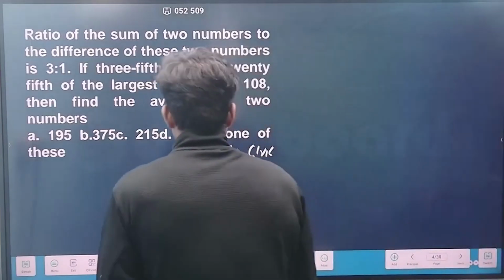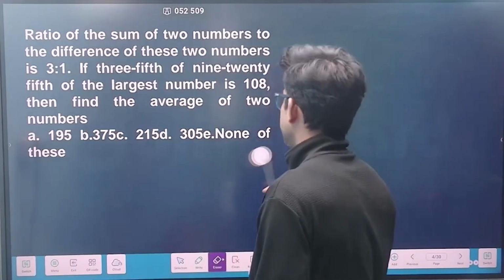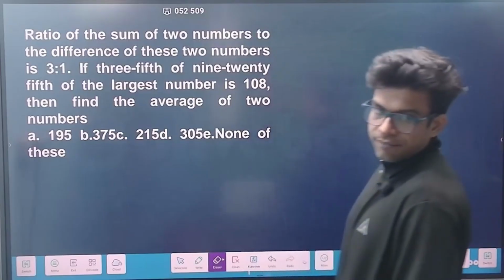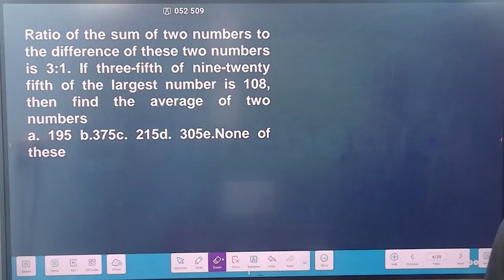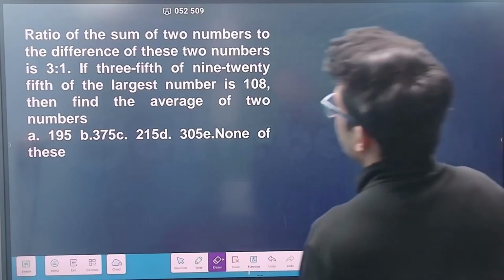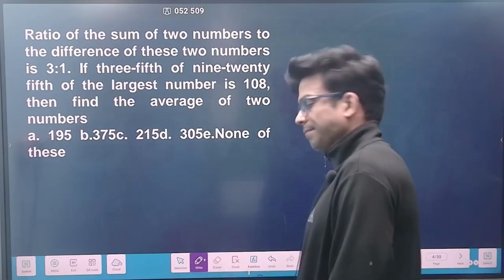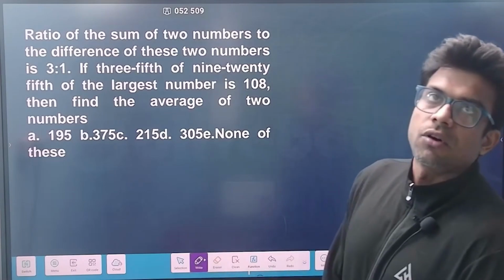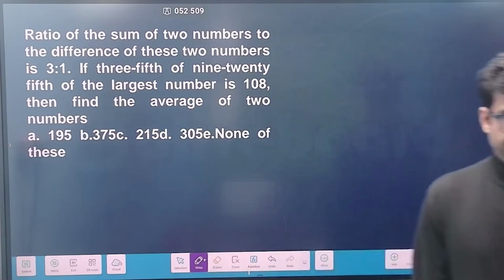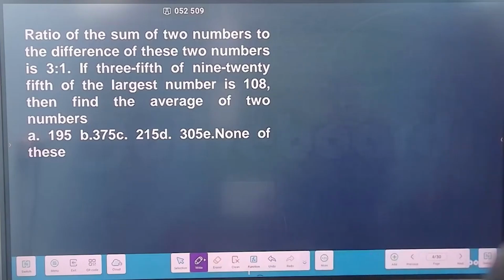So, can you please read it, everybody? That would be great if you guys read it. That would be very, very good for all of you. Just read the question properly and see how we can solve it. Anyone like solving? Anyone in the class who can solve it?